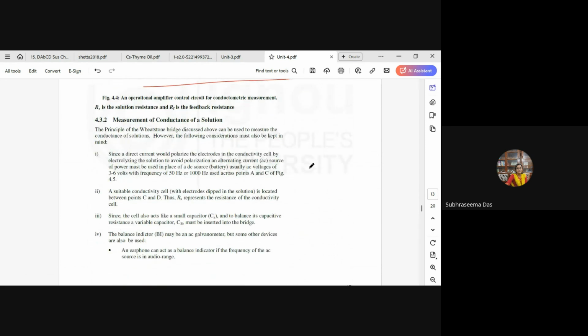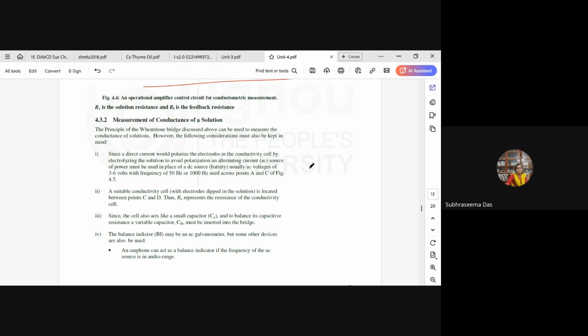Then coming to measurement of conductance of a solution. The principle of the Wheatstone bridge can be used to measure the conductance of solutions. However, the following considerations must also be kept in mind. These are certain features that we need to keep in mind.